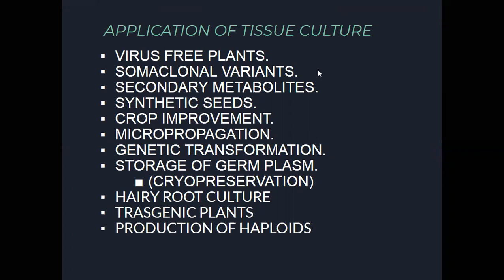Those chemicals are easily synthesized by hairy root culture, virus-free plant production, somaclonal variations like crop improvement, and genetic transformation. By all these techniques, secondary metabolite chemicals are produced. Whichever chemicals we need from the plants are easily synthesized by tissue culture techniques. So these are the applications of tissue culture in plants.